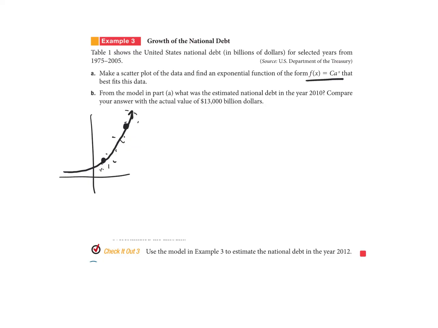So, if you have these 2 points here that seem to be good representations of your scatter plot, like you're looking at numbers to kind of equal above and below, then you can use that to build your model.